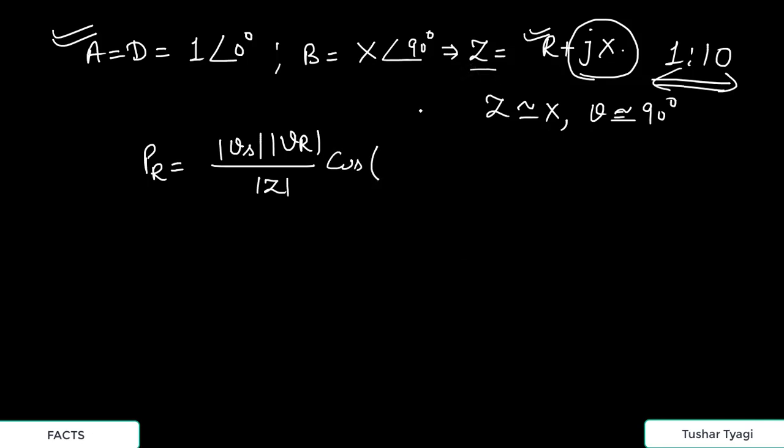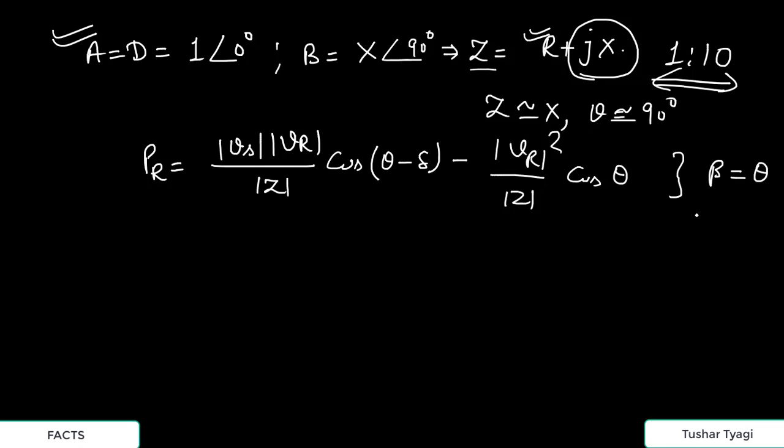Cos theta is theta. Now assuming theta minus delta minus mod of VR square divided by mod of Z cos theta, after putting beta is equal to theta and mod of B is equal to Z. So now let us take this particular example where we are doing some approximation, that assuming Z is approximately equal to X and theta is approximately equal to 90 degree.